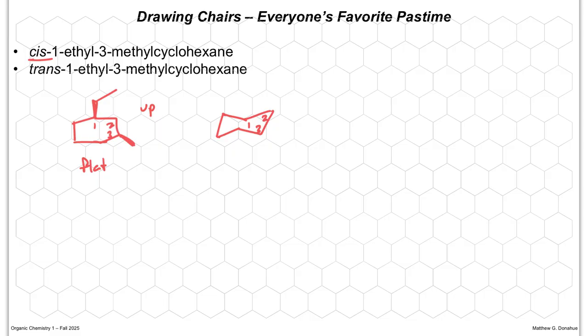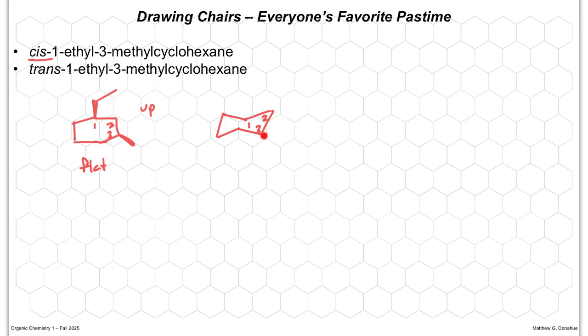One thing I do want to point out, because I don't think I emphasized it last time, in the chair cyclohexane, remember we had the top and the bottom faces. So see these carbons here, this one, and that one. See how they're like up?